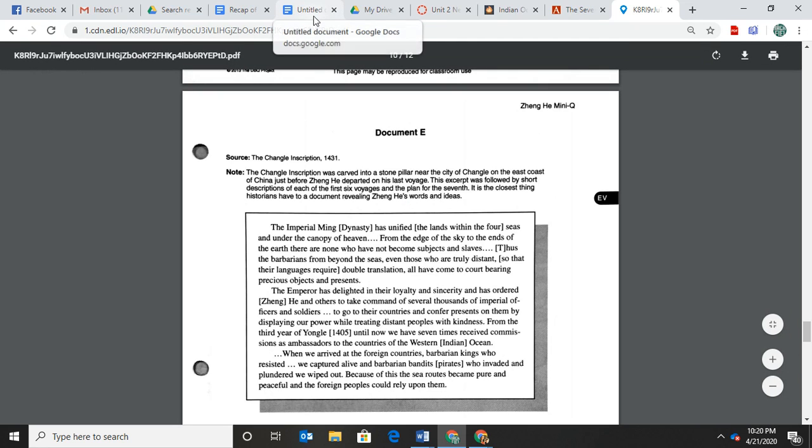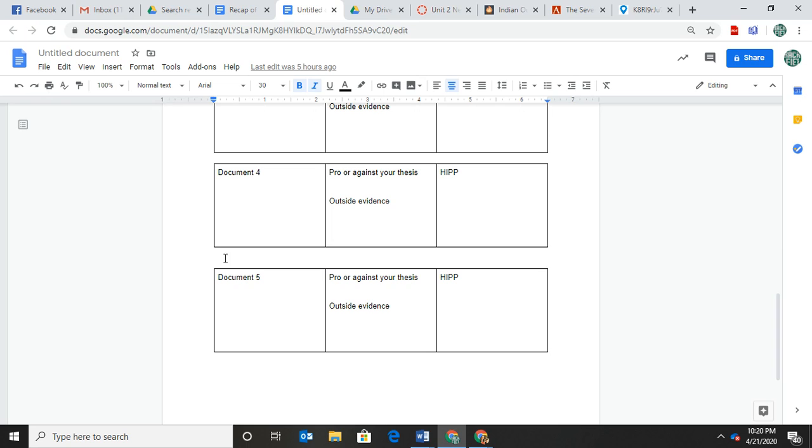If you go back to that chart I was telling you about, if this was document E, and this inscription would be pro D. I leave a space for outside evidence, and you can jot some things down to help you HIPP this one within your writing.